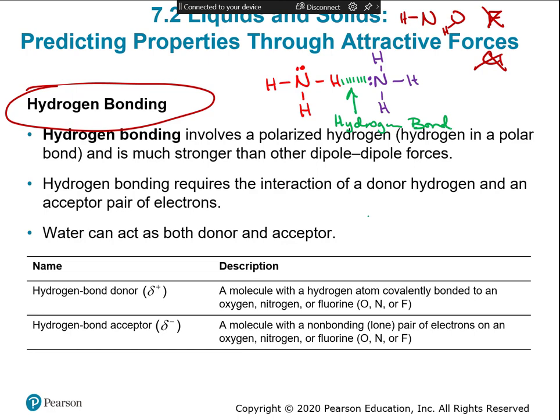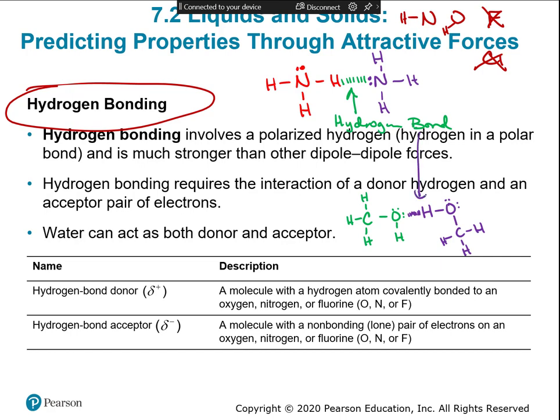So if I have a molecule like methanol, CH3OH, because you see an oxygen with a hydrogen, it has the ability to hydrogen bond. So if two of these molecules come near each other, this oxygen is going to be attracted to the hydrogen that belongs to the other oxygen, and that creates the hydrogen bond.